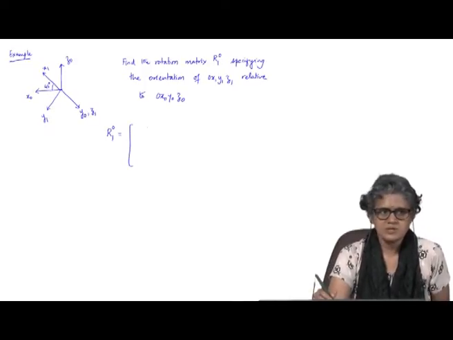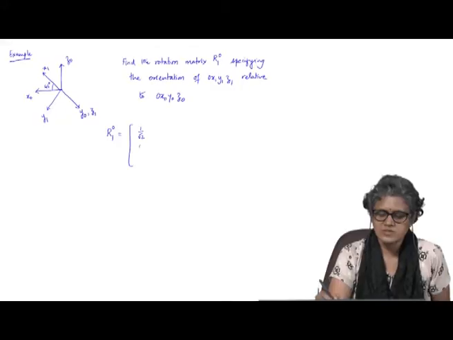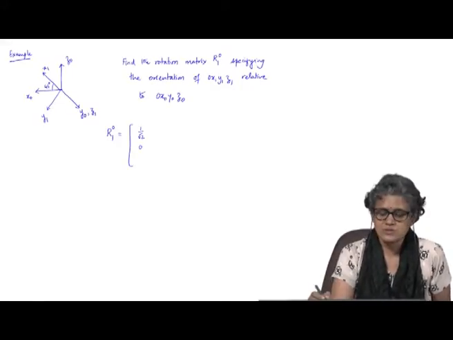x1 dot x naught is what? What is x1 dot x naught? 1 by root 2. x1 dot y naught. This is coming out, right? So, it is 0. Y naught is parallel to z1, which is 0.